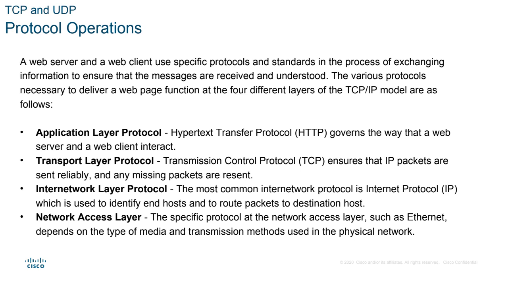Then we have TCP, which is used at the transport layer. Then we have IP, which is used at the internet layer. Then we have Ethernet, which is used at the network access layer.